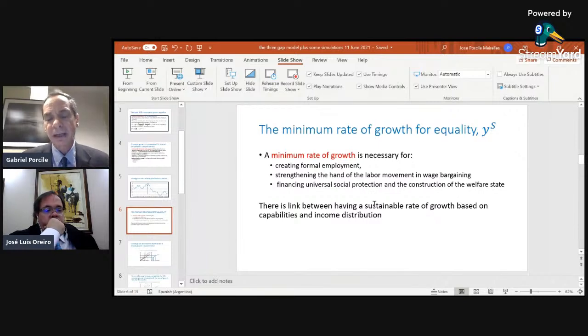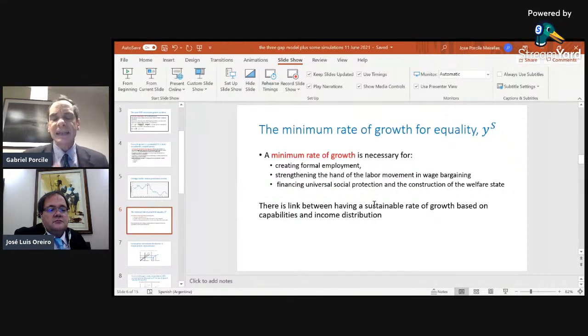This is the discussion to which Jose Luis and Peter Scott referred in the presentation of Peter. So we have a part of the labor force allocated in the subsistence sector, and we have to push to absorb this labor force in the modern sector.